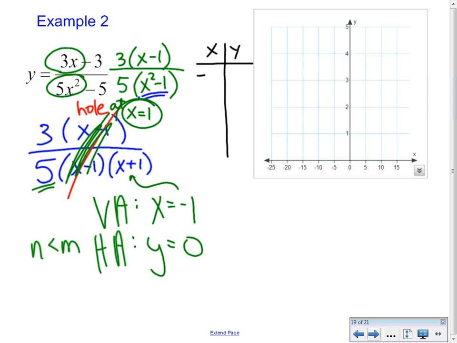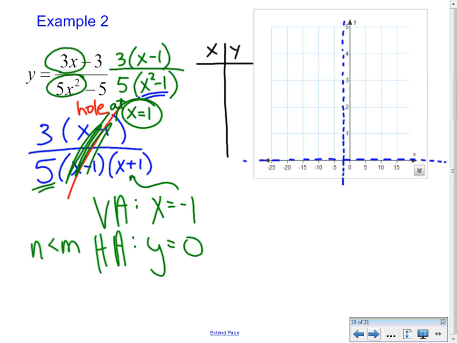Let's get our graph going here. I have this funny scale just because things get a little weird. Vertical asymptote at negative 1, sort of like that. Horizontal asymptote at 0. Okay, a little strange. And let's plug in some values here.